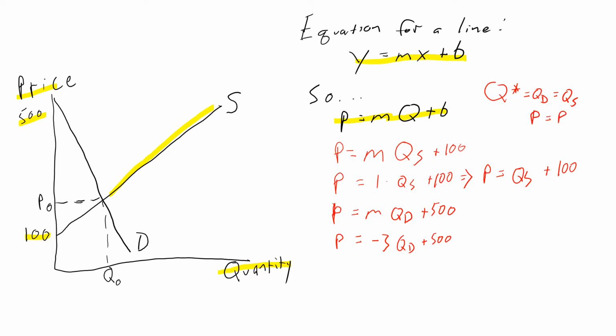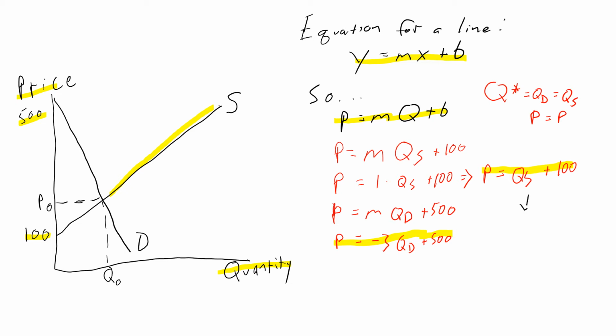So we know that we can either set the prices equal to each other, so either this equation is equal to that equation, or we can rearrange and solve each of these equations for QS and then set QS equal to QD.